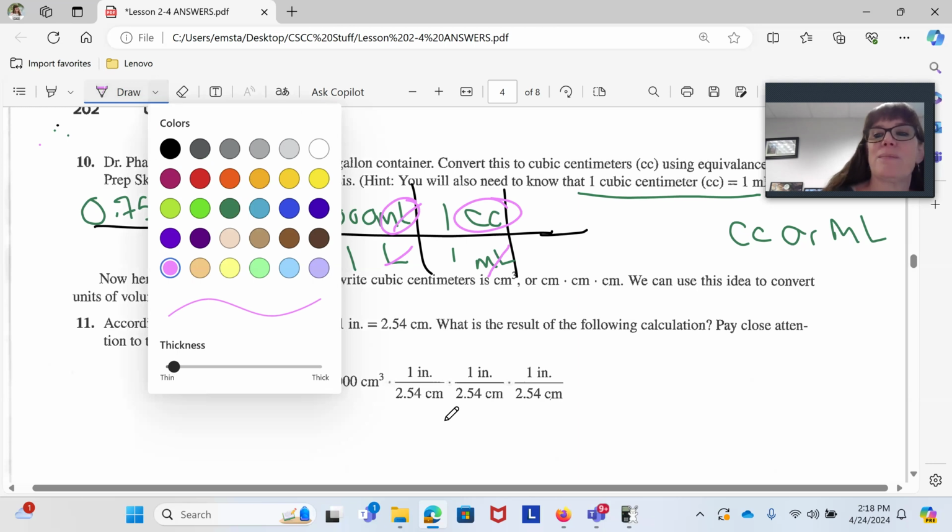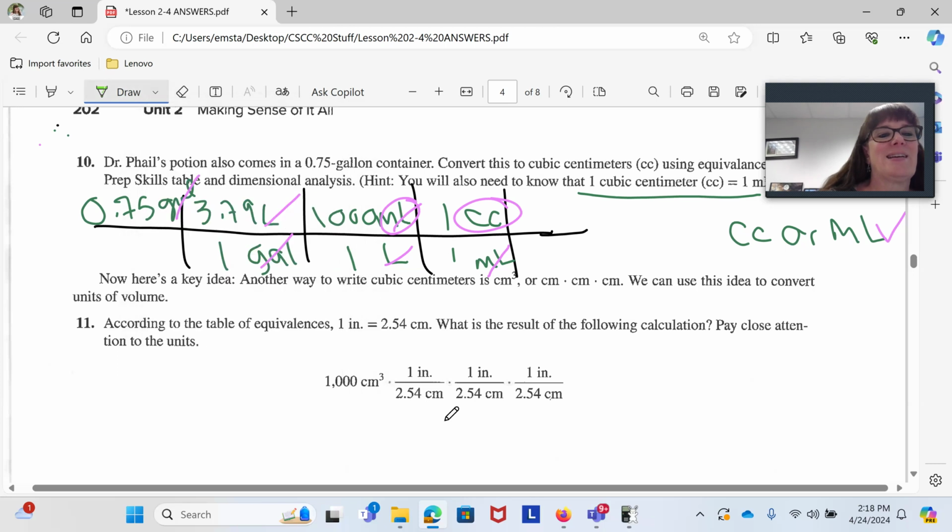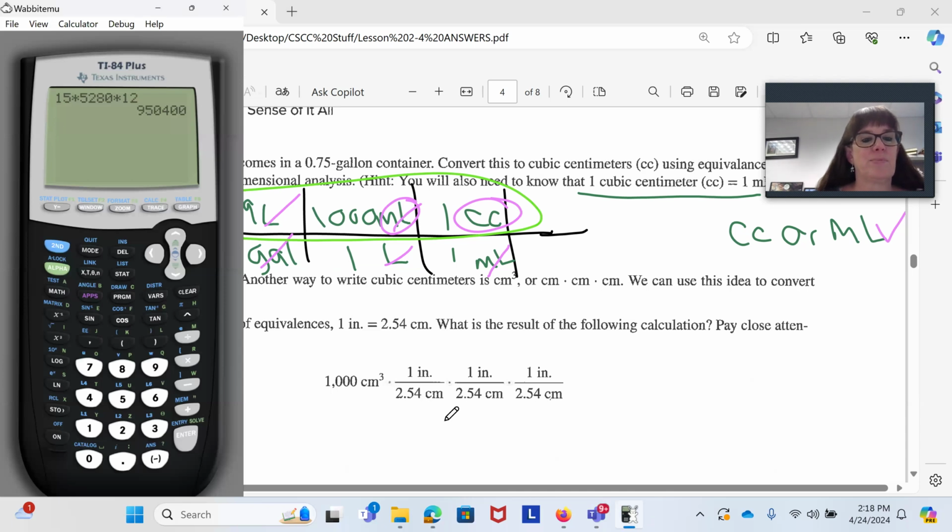When I get to this point, I'm happy, because now all I have to do is throw it in my calculator. Multiply everything on top. So let's get out the calculator. 0.75 times 3.79 times 1,000 times 1.